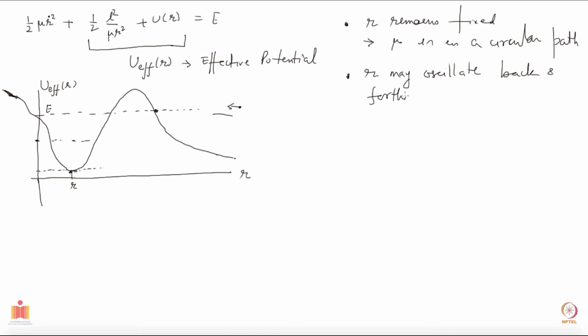It just means that in the r direction its r value is increasing and decreasing with time, but at the same time it is also moving in the theta direction. So it's not just an oscillation in one dimension. And third, r may keep increasing with time after it has hit a turning point.